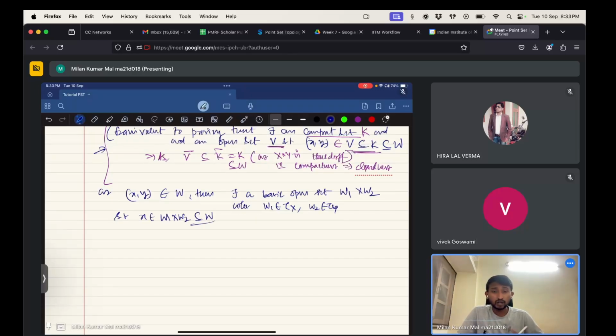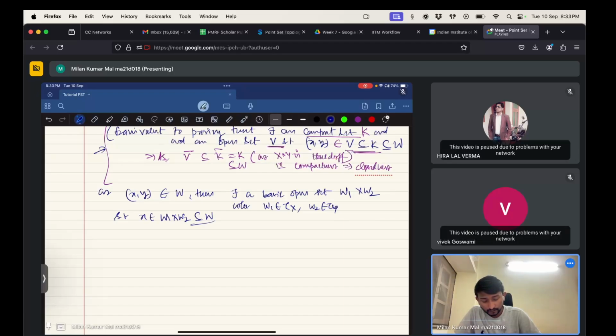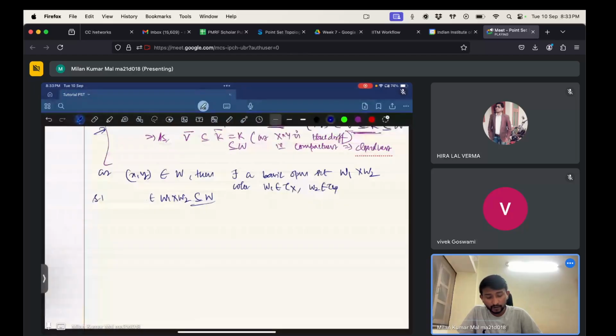I am not doing anything rocket science. This is point by point proof I'm trying to do. So x belongs to W1 and y belongs to W2.